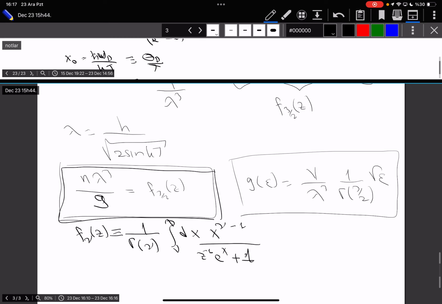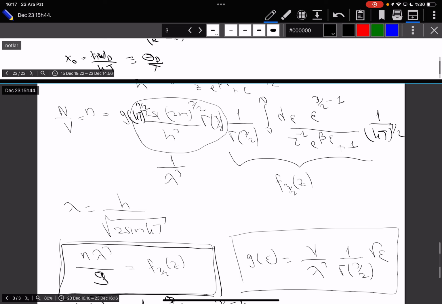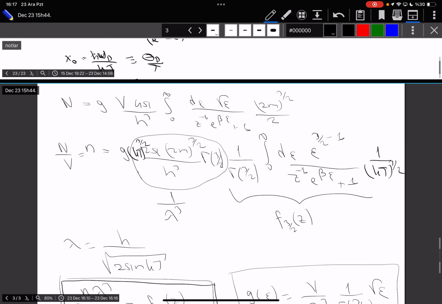Isn't it easier to define x as beta times epsilon minus mu? Well, you see, the problem is if I define x in that form, then the chemical potential goes into the integration limits. And I don't want to deal with unknown functions in the integration limits.